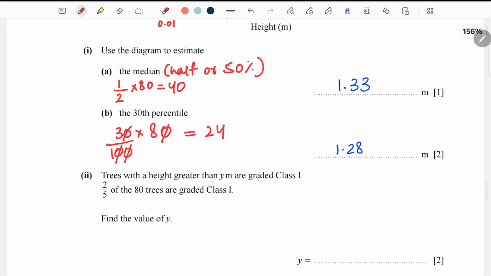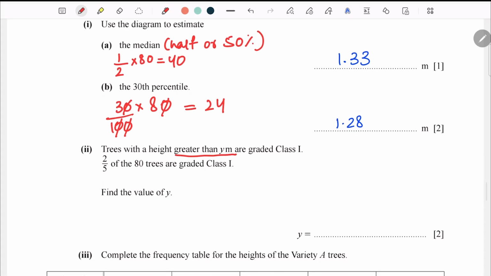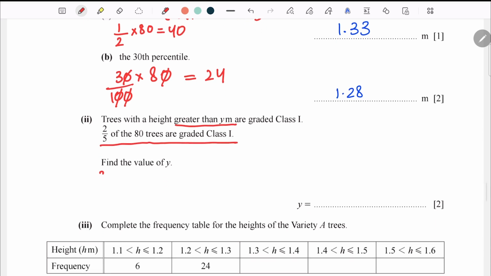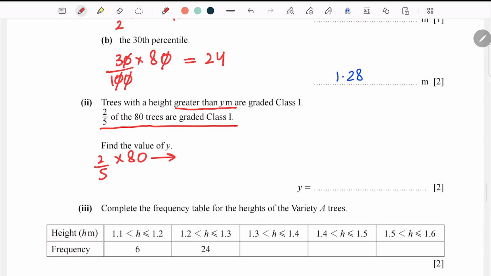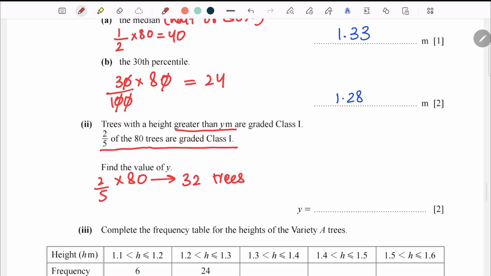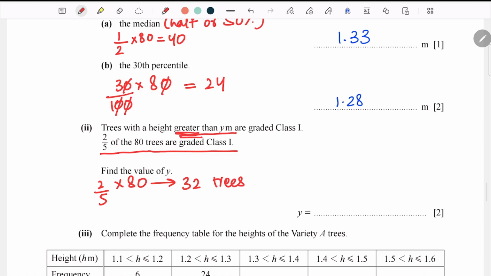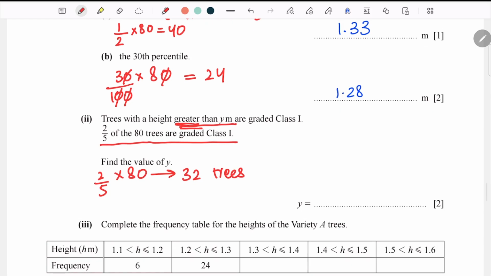Trees with height greater than y meters are graded class 1. 2 over 5 of 80 trees are graded class 1. Find the value of y. So 2 over 5 of 80 are class 1. The number of trees in class 1 is 32. Trees with height greater than y meters are graded class 1. The total number of trees is 80. We're going to subtract 32 from 80.